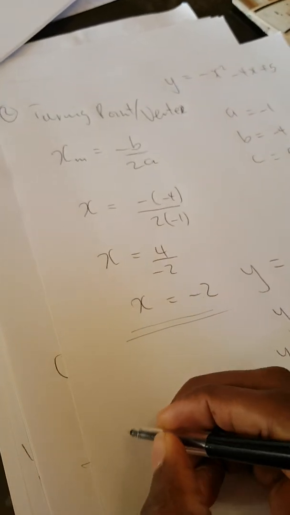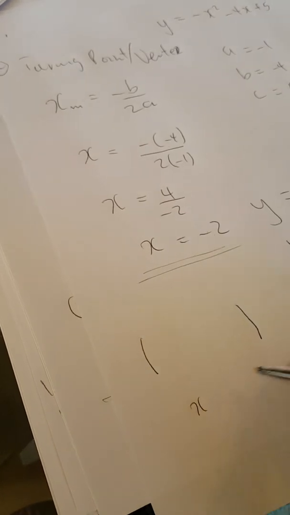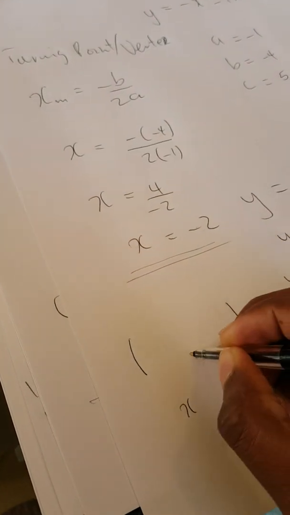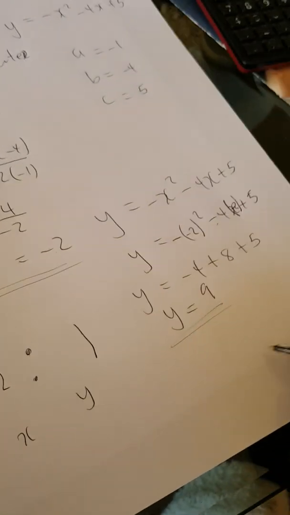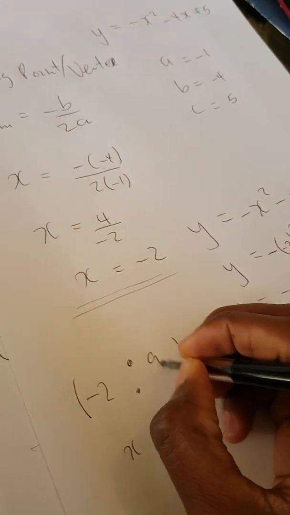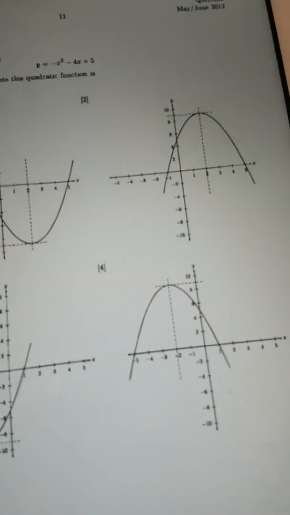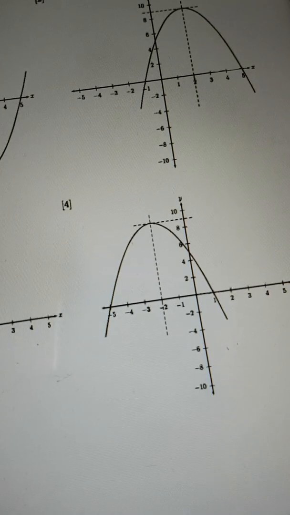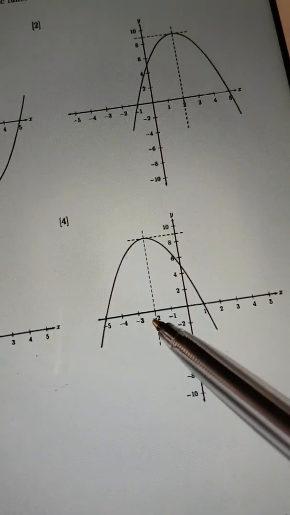So at turning point, you need to write these coordinates very well. Remember, the first coordinate is for x and the second is for y. At turning point, our graph x is negative 2 and y is what? And y is 9. So if you look at graph number 4 here, x is at negative 2 at turning point.